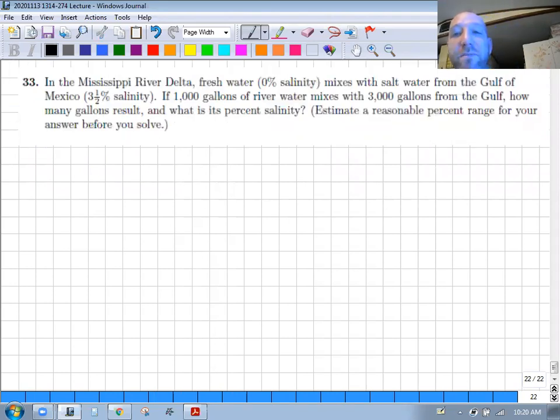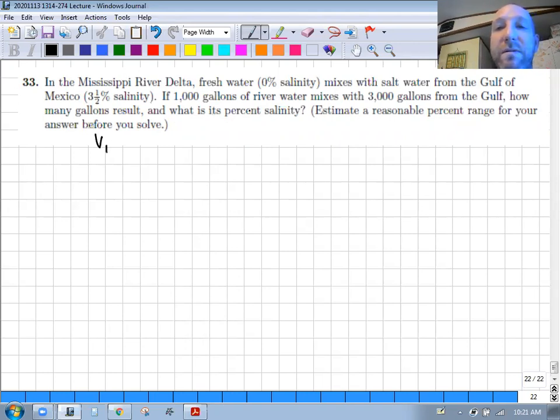All right, in the Mississippi River Delta, fresh water at 0% salinity mixes with salt water from the Gulf of Mexico at 3.5% salinity. If 1,000 gallons of river water mixes with 3,000 gallons from the Gulf, how many gallons result and what is its percent salinity? All right, let's see.